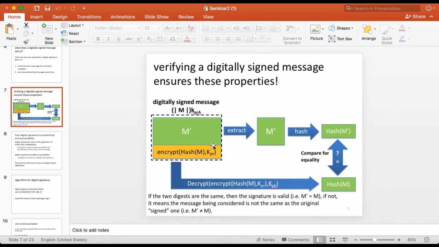The first thing we do in this validation process is that we extract the message that we've just received. Let's call this message M prime. So we extract M prime and put it aside.